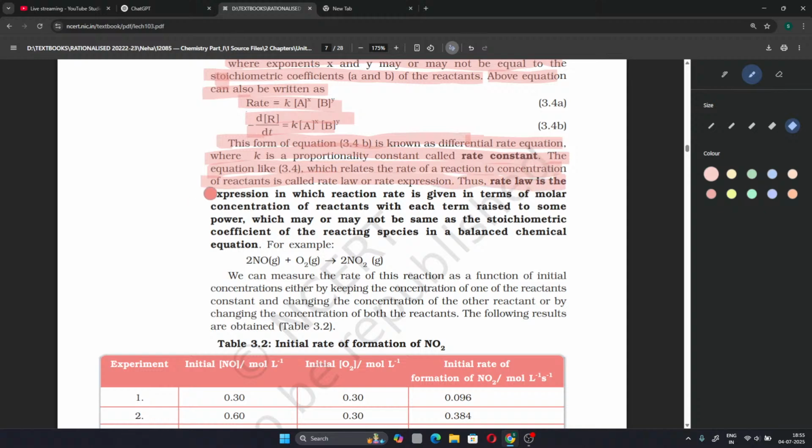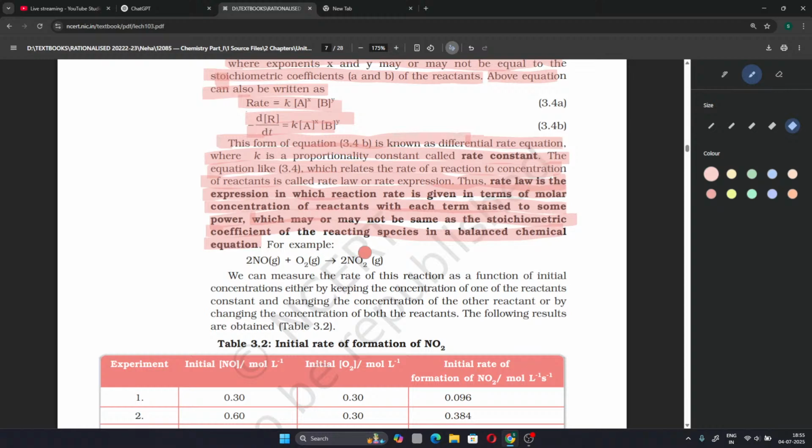Thus, the definition of rate law: the rate law is the expression in which reaction rate is given in terms of molar concentration of reactants, with each term raised to some power which may or may not be the same as the stoichiometric coefficient of the reacting species in a balanced chemical equation.